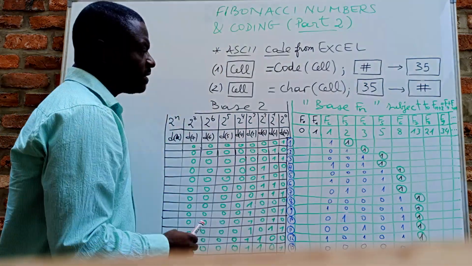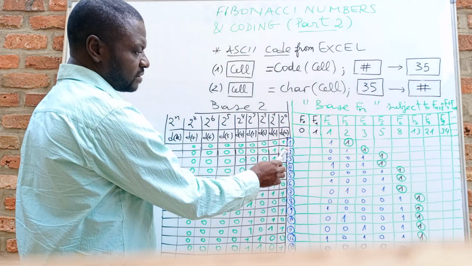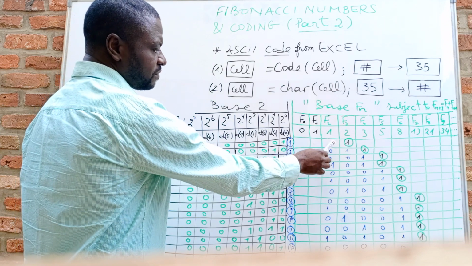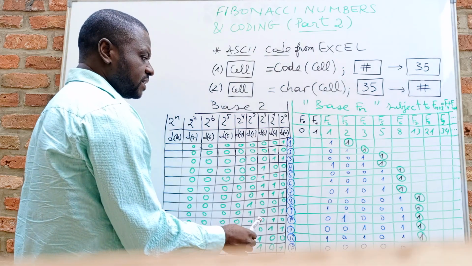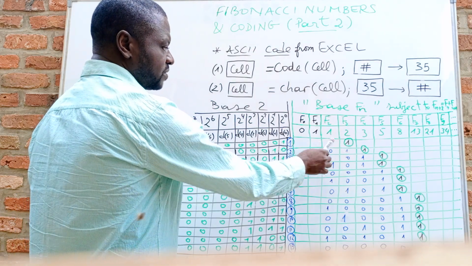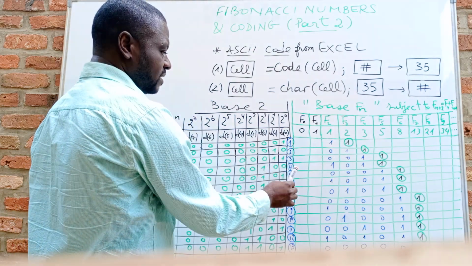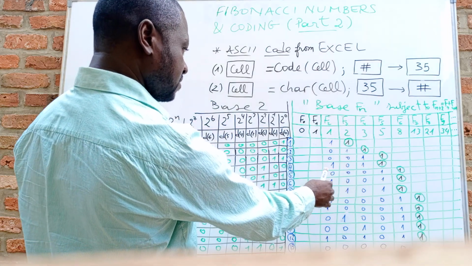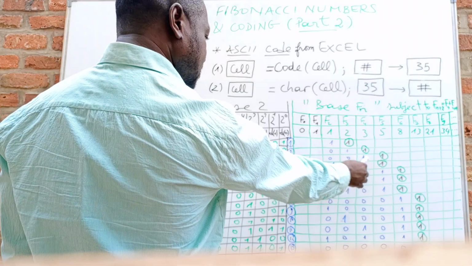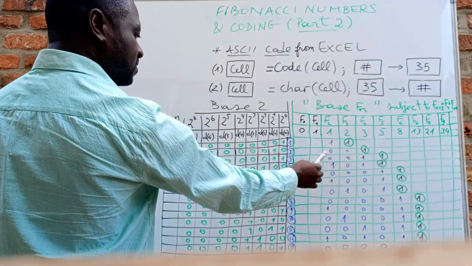Okay, now let us see how these numbers work. For 1, we have 1 because it is in the base, if you call it so. Number 2 is also in the base, so it is 1. Number 3 is also in the base, so it is 1 0 0.